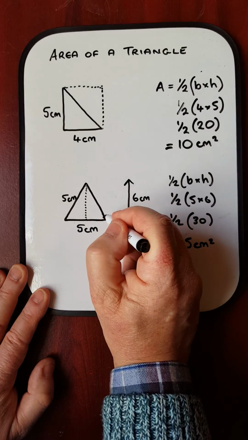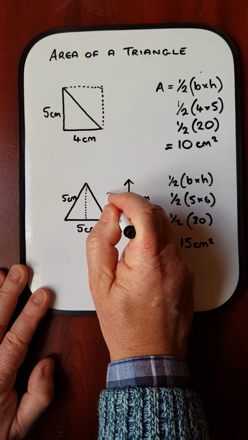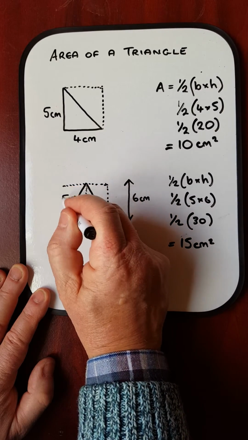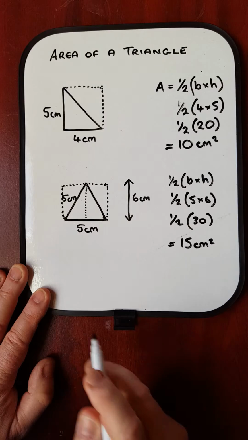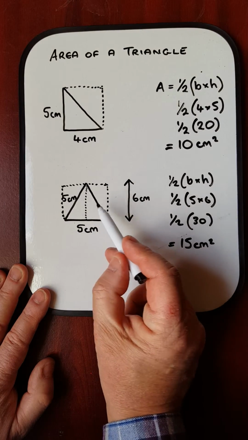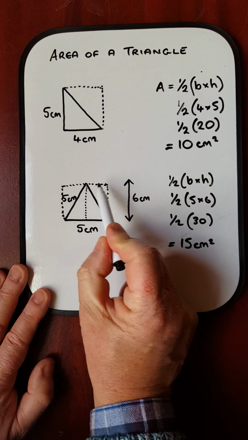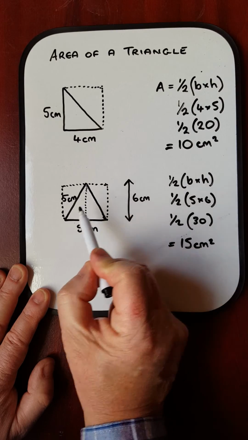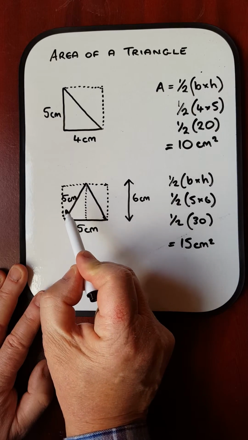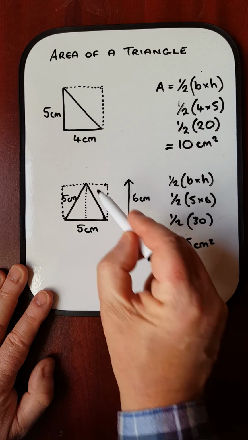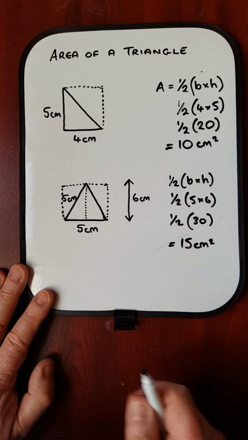Okay, and once again, it's the same as having a large square or rectangle all the way up there, 5 by 6, and this time it could then split it into 2 halves, and that's a half of that section, and this is a half of that section, which means that overall the triangle is a half of the whole thing. So it's still half of the base times height.